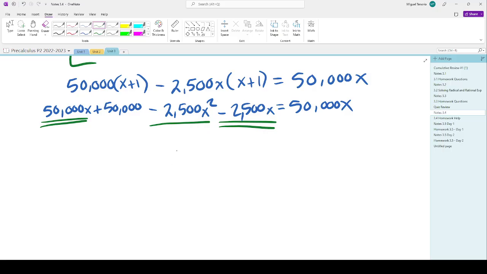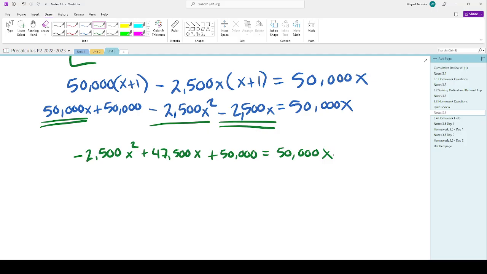So let's go ahead now and say then that we have negative 2,500x squared plus 47,500x plus 50,000 equals 50,000x. I know how to write, y'all. Okay, now I do have more terms on the left-hand side.